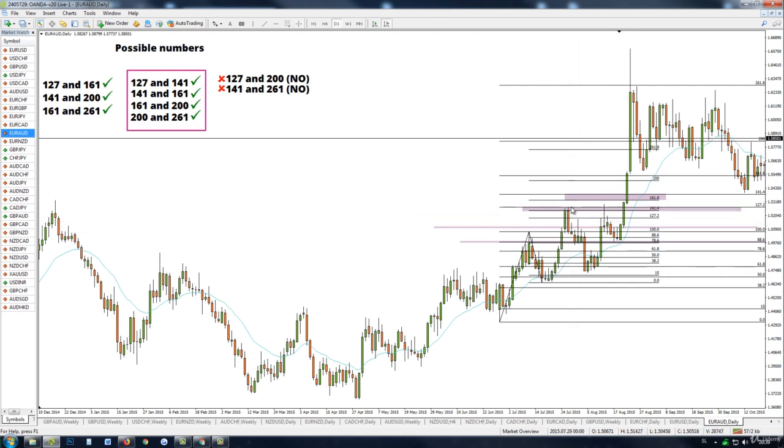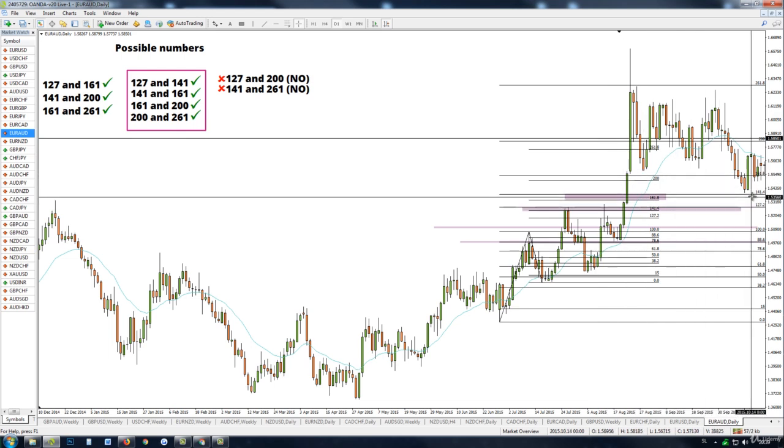It will happen very often, because the market is really respecting these numbers, and as soon as price touches, usually it very often just bounces heavily. So if we pay attention to these numbers, 127, 141, you can see this is the first one.